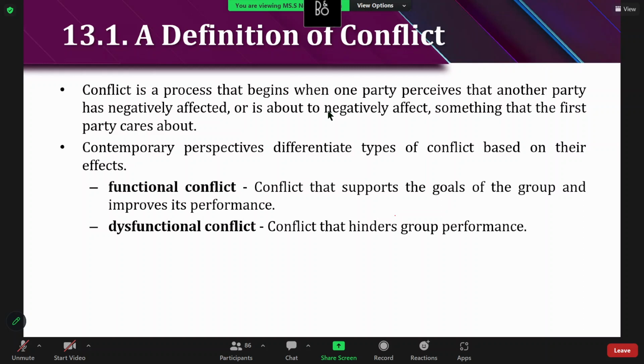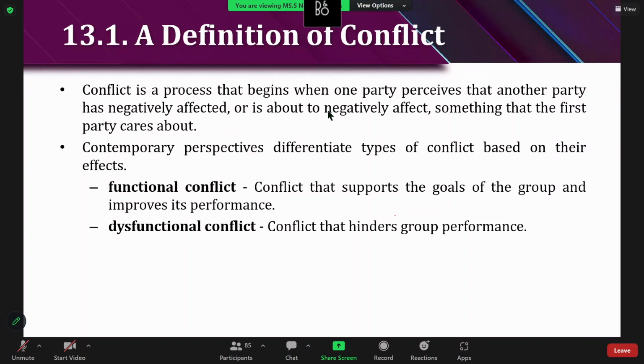And dysfunctional conflict hinders the group performance. So this is the exact opposite of functional conflict. What it does is it usually hinders the performance. If these kinds of conflicts are there, the people may not even interact with each other. And if there is no interaction or no proper communication between the parties, then they may not be able to achieve their group or organization goals.